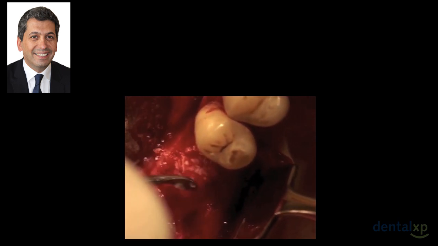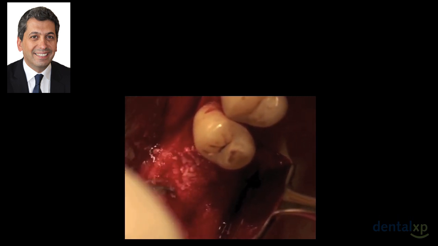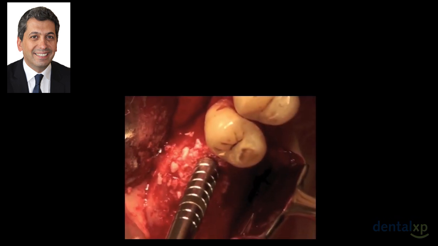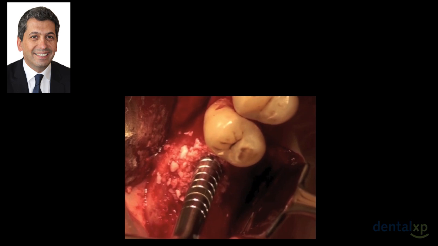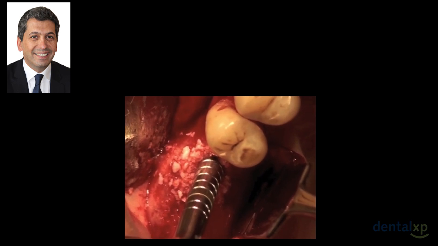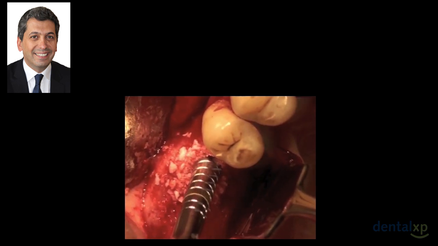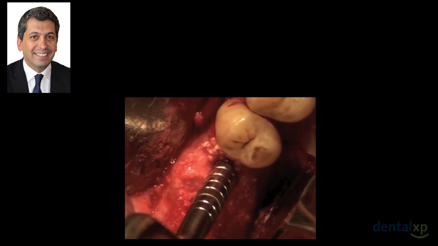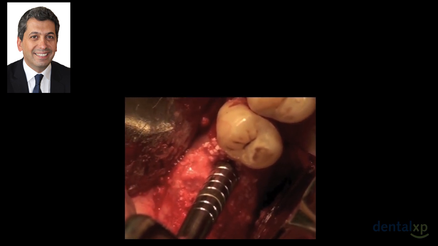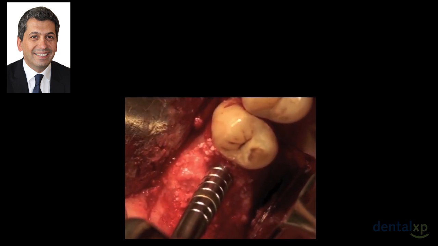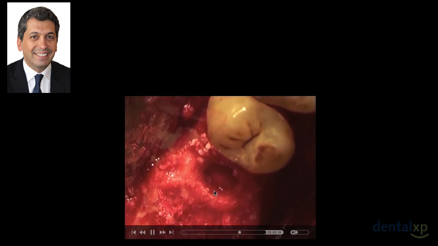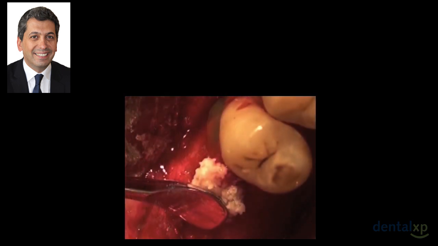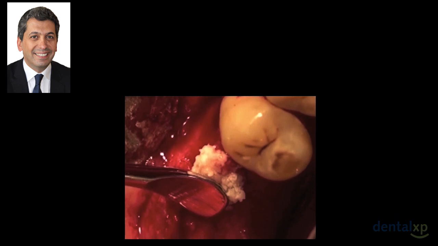So we start adding the bone and tapping it gently. And millimeter by millimeter, we keep going up and up and up until we can reach our desired sinus floor elevation height. So I tap, and then I place again some more bone inside this tapped area, and I tap again.